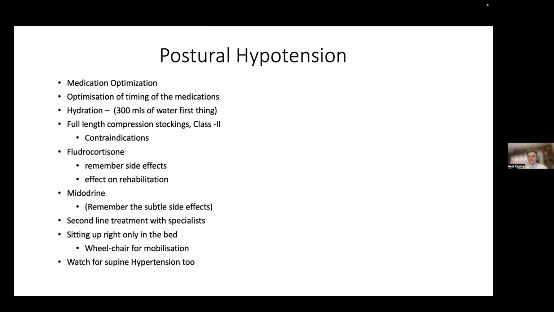So TED stockings, what is the full form of TED? Quickly, just to keep you alert and awake. Anyone can do that. So it's called thromboembolic deterrent. Okay.